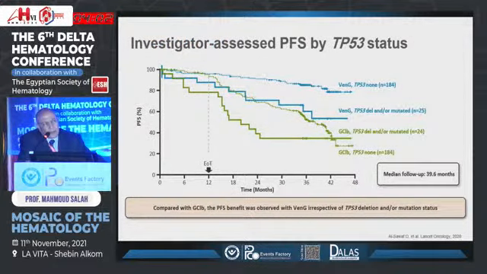Also, the progression-free survival by TP53 mutations, compared with the Gazyva chlorambucil, the progression-free survival benefit was observed with the venetoclax Gazyva, irrespective of the TP53 deletions and or mutations. There was no difference for the presence of the TP53 mutations in terms of progression-free survival assessments.